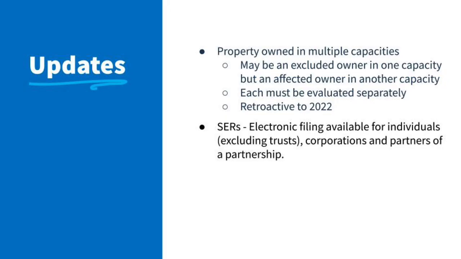And that would create a requirement for them to file 2 UHT forms in that case. And that legislation was made retroactive to 2022. So if your client gets caught in this requirement where they own a property in multiple capacities, then you do have to make an amended return for 2022.